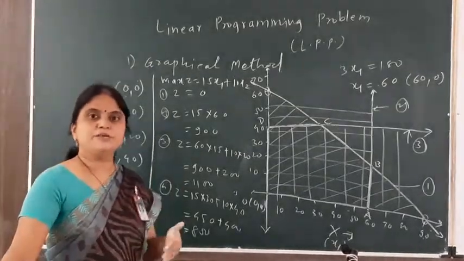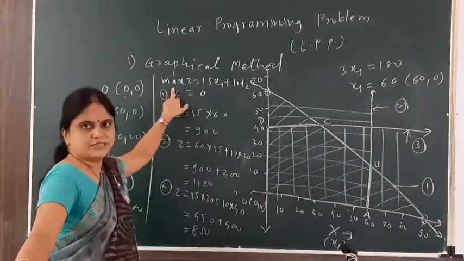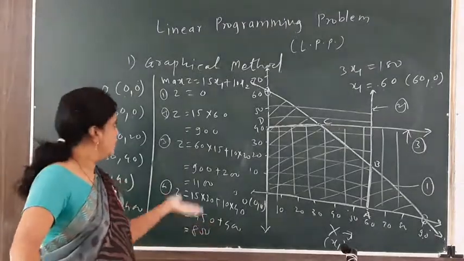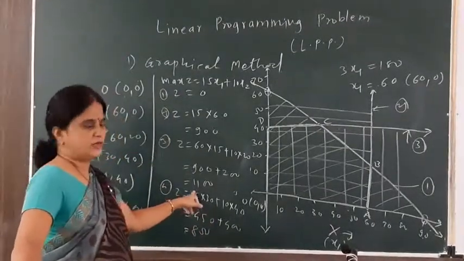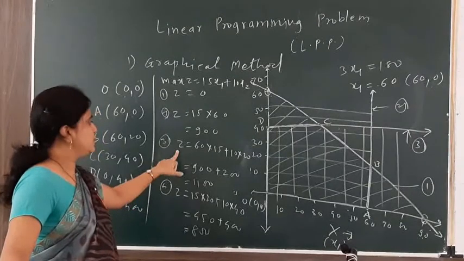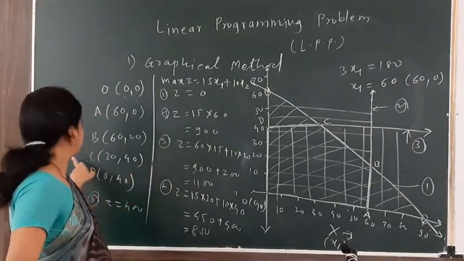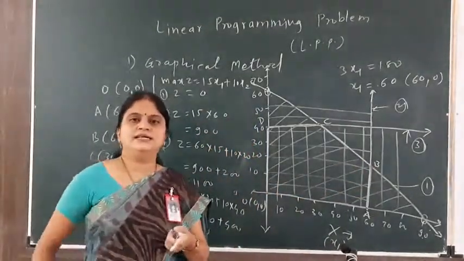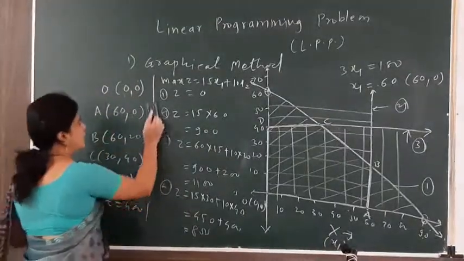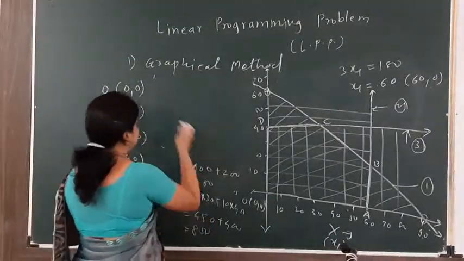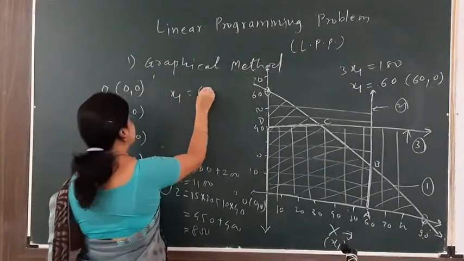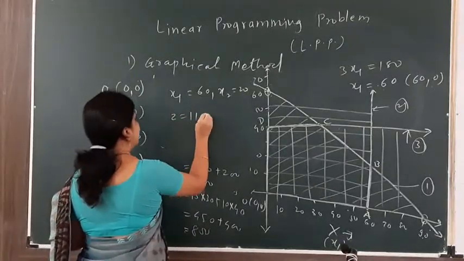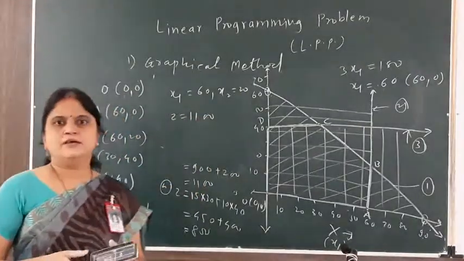But over here my problem is to maximize Z, so I will consider the maximum value of Z. For the third point, the Z is maximum, that is 60, 20. So my solution of LPP is x1 equal to 60, x2 equal to 20, and the value of Z is 1100.